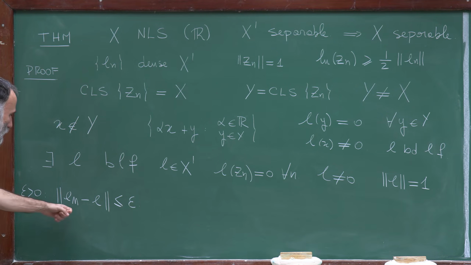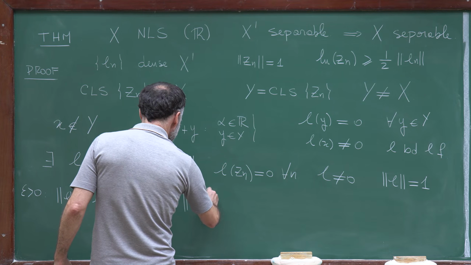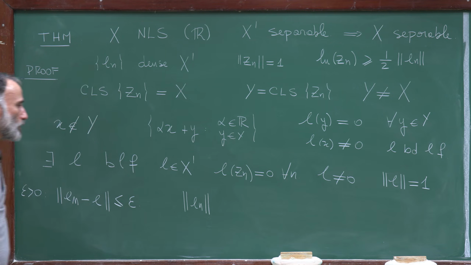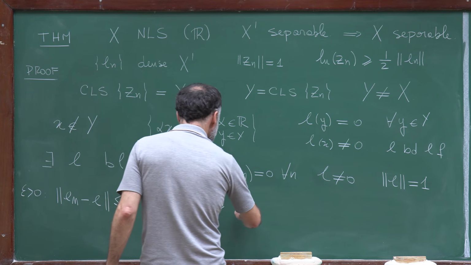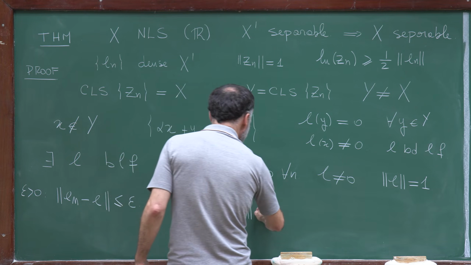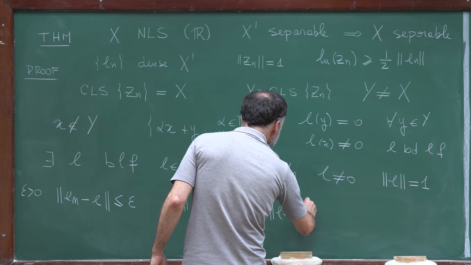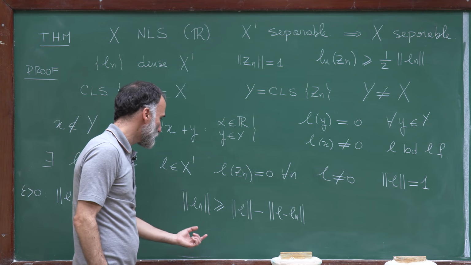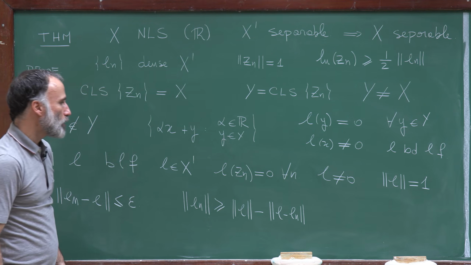Now I want to get a lower bound for Ln. Consider the norm of Ln. Well, by the triangle inequality, the norm of L is bounded by the norm of Ln plus the norm of L minus Ln.